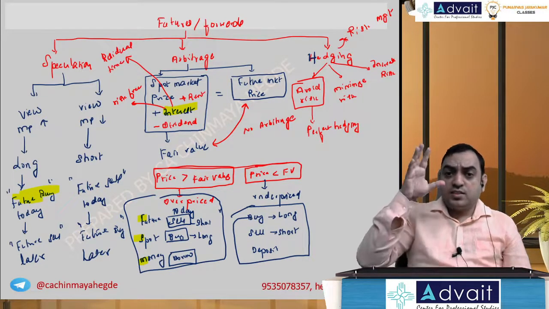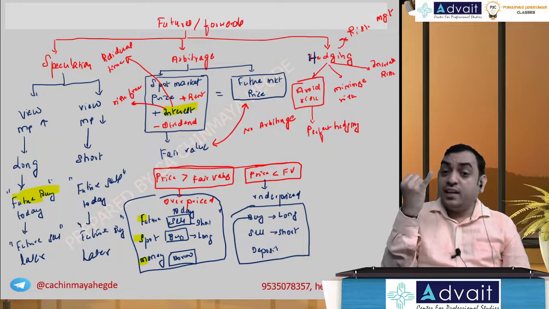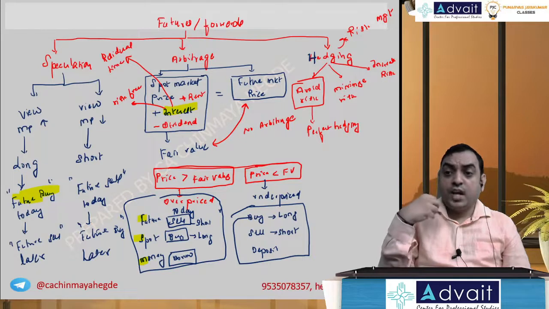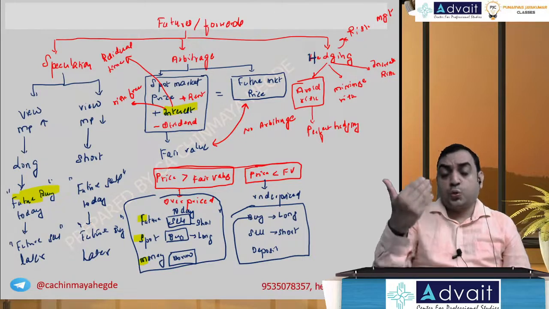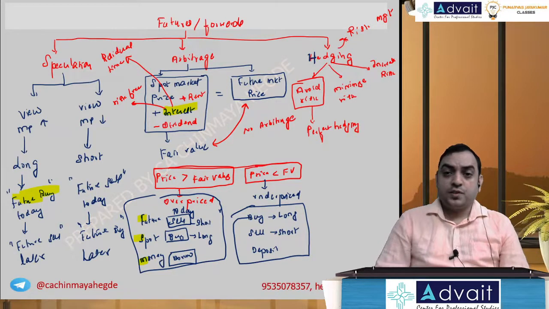Futures are standardized instruments in the market, so they have some special features: standard expiry date like monthly expiry, lot size, it has to be in those multiples, MTM, mark to market settlement, early settlement, and square off of positions. These are the special features of futures.